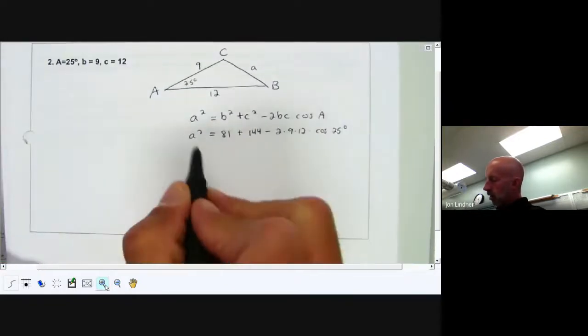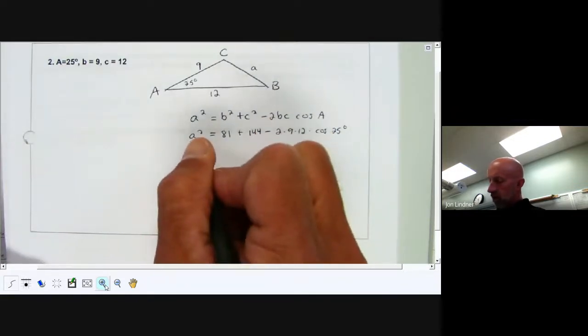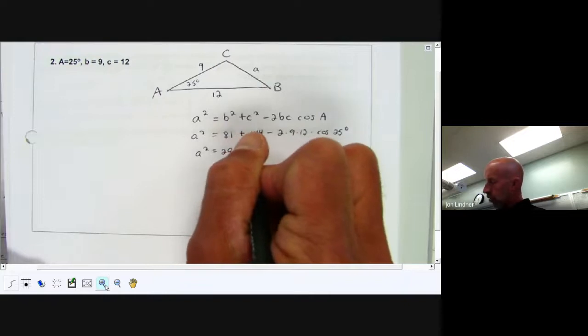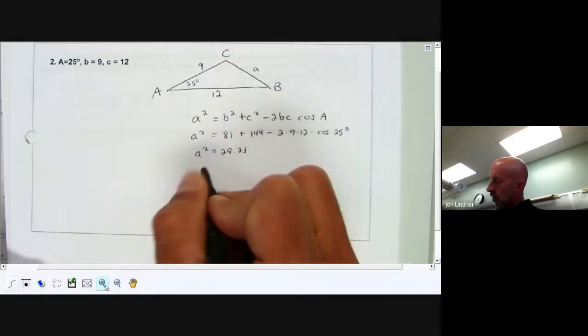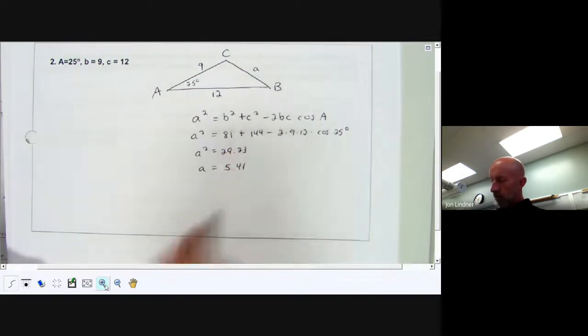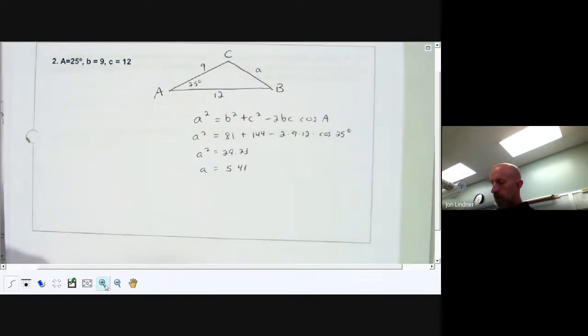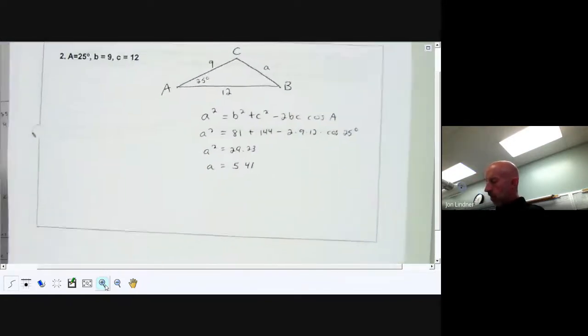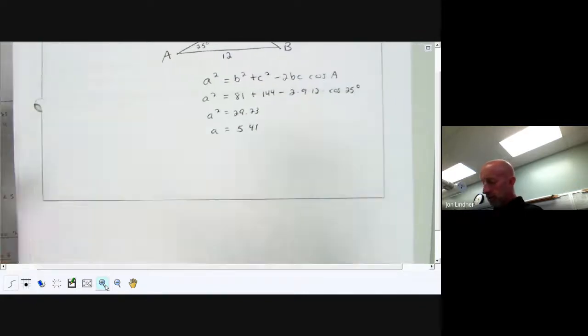So when I do my calculations here, I get that A squared equals 29.23. I have to take the square root of both sides. So A equals 5.41. All right. Now, what we need to do now is consider some possibilities.